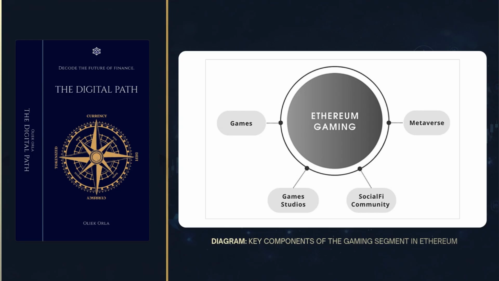Within Ethereum's gaming ecosystem, SocialFi introduces a new model of digital interaction, where community participation, social relationships, and user contributions gain direct economic value. In this environment, not only physical assets, but also intangible ones, such as trust, reputation, and attention, become tokenized.